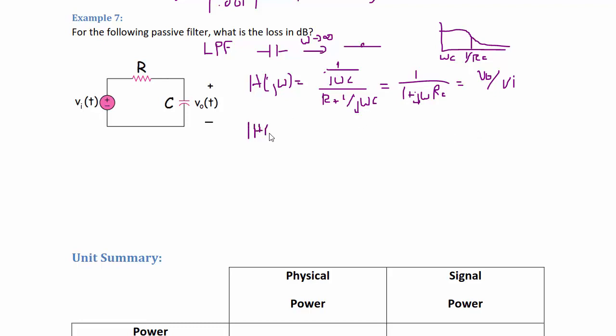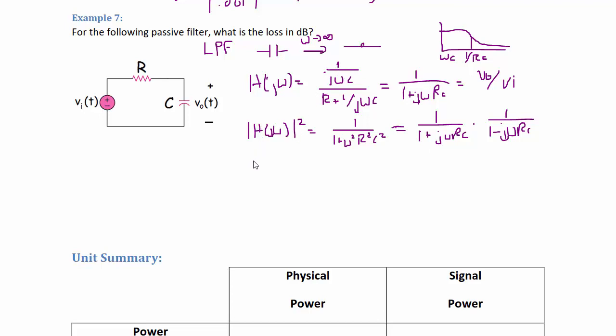So the magnitude of h of j omega squared, which would be the ratio of powers, is 1 over 1 plus omega squared r squared c squared. The way to quickly see this is to multiply 1 over 1 plus j omega rc times 1 over 1 minus j omega rc. Because when you take the frequency response times its conjugate, that gives you the magnitude squared.